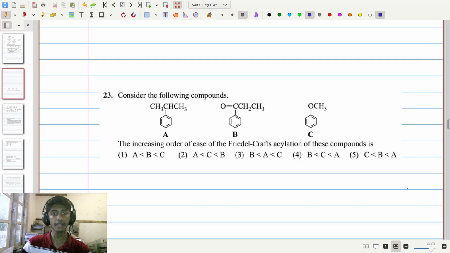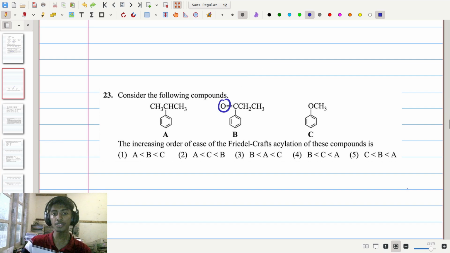Now according to that, if we consider these compounds, we can see in A, we have a benzene ring attached to a pretty neutral carbon. Since this carbon is pretty neutral, the benzene ring's electron density here will be about equal to the standard electron density of normal benzene. Now moving on from that, we consider B. In B, this carbon is connected to an oxygen which is highly electronegative.